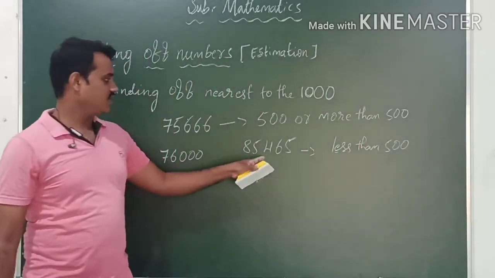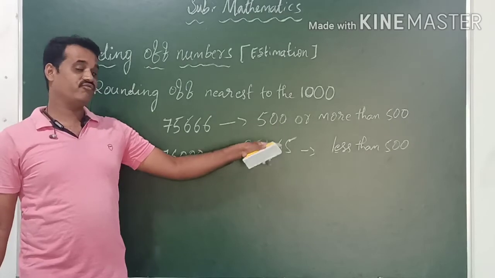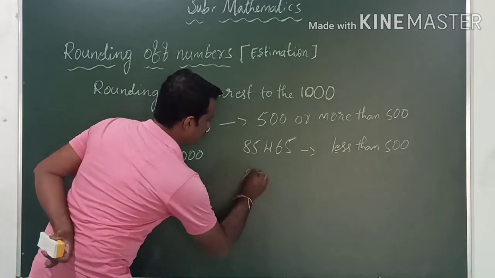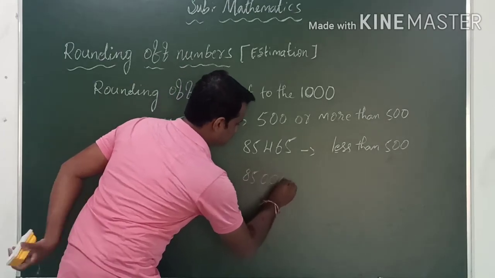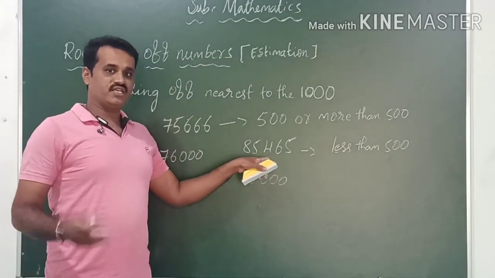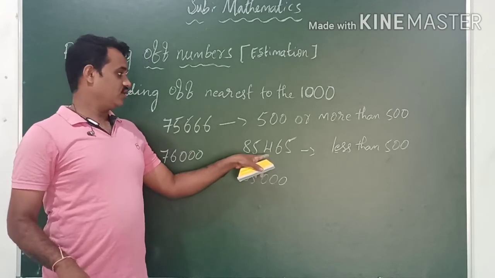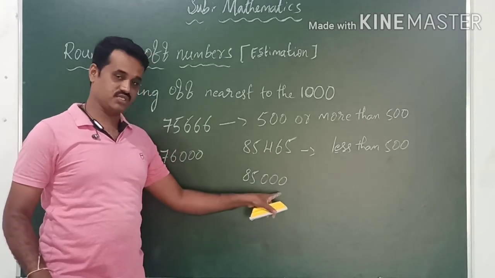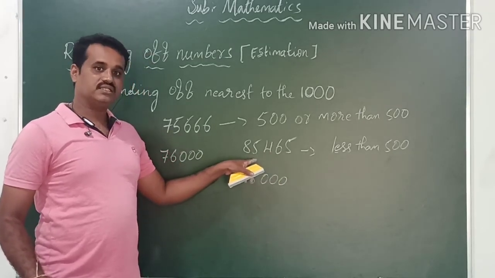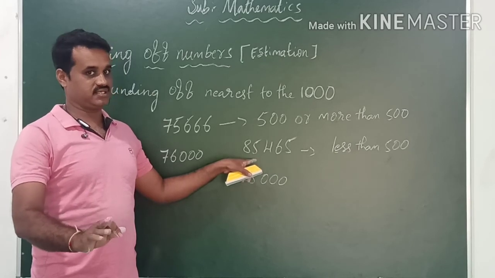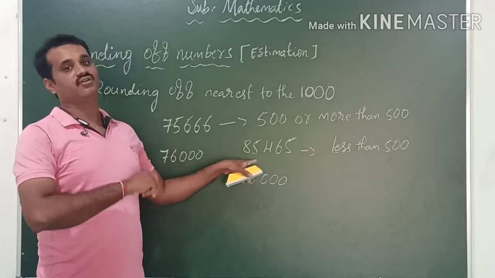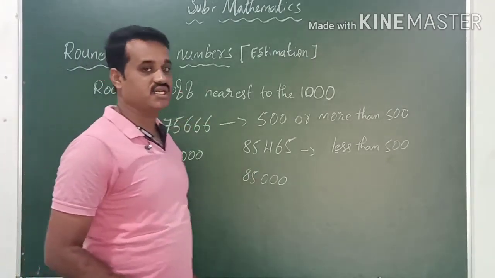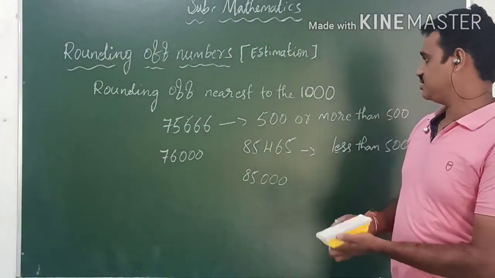If the hundreds place is less than 500, then it becomes 85,000 as it is. So if it is less than 500, the hundreds place, tens place and ones place will become 0. Here the 1000 place remains as it is if it is less than 500. So this is about rounding off the numbers to the nearest thousand.